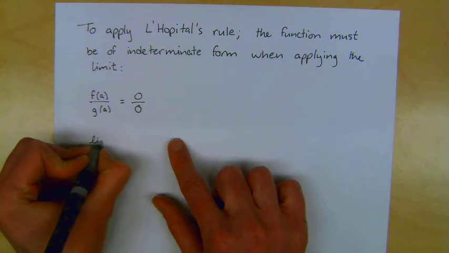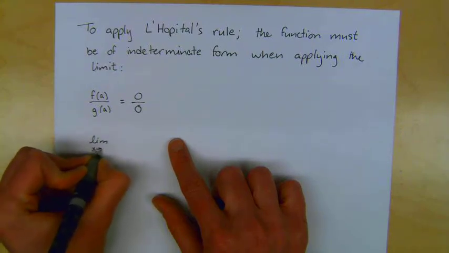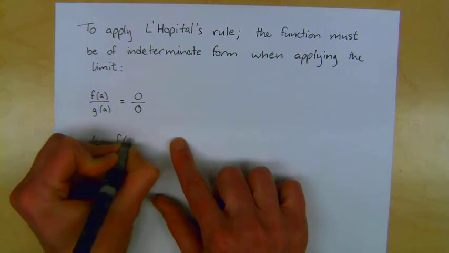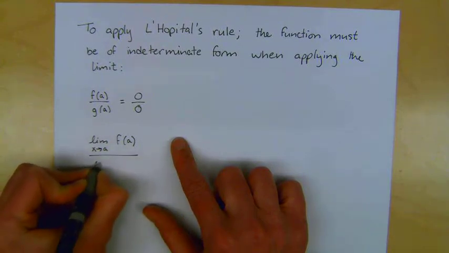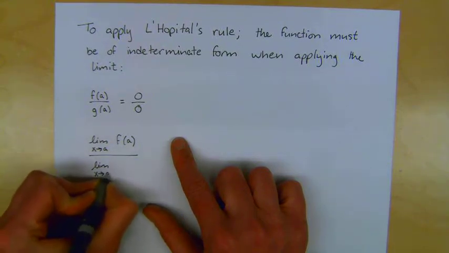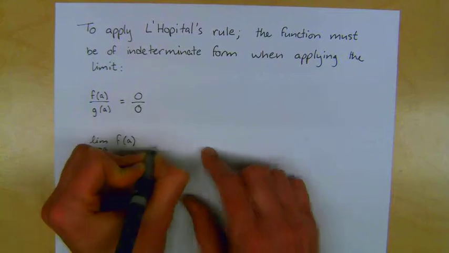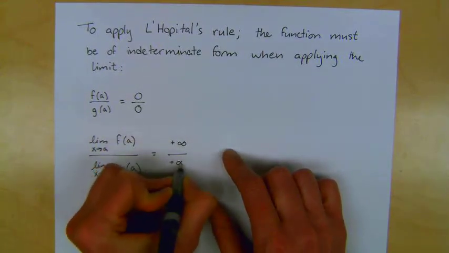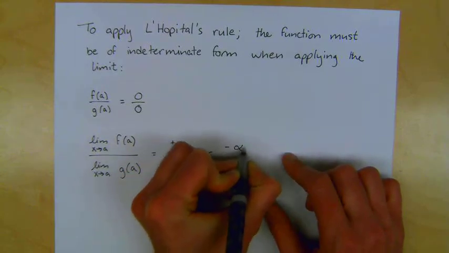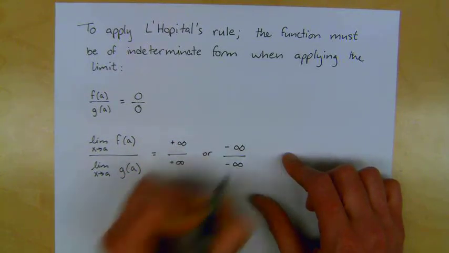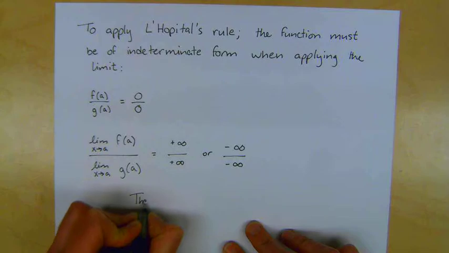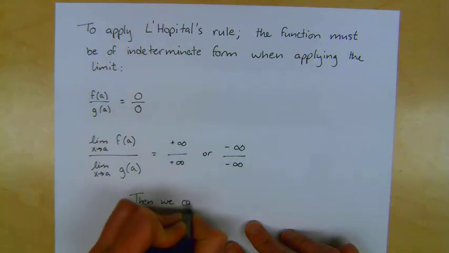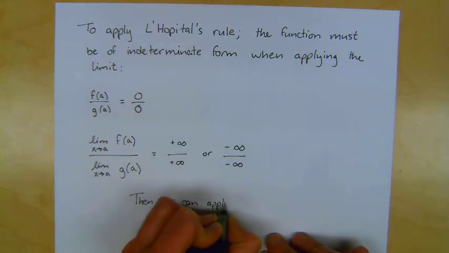Or if we have the limit as x approaches a of f of x divided by the limit as x approaches a of g of x is equal to plus infinity over plus infinity or negative infinity over negative infinity, then we can apply L'Hopital.